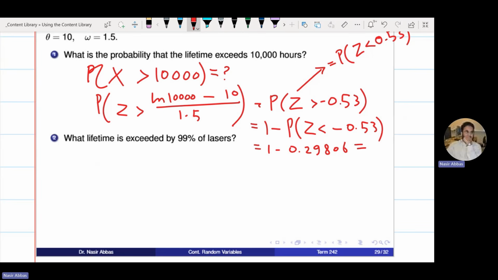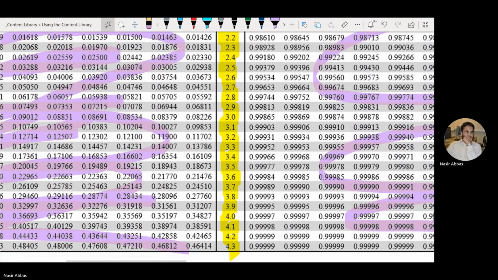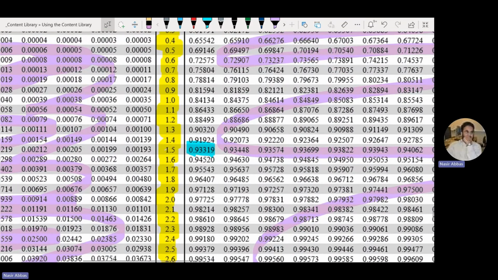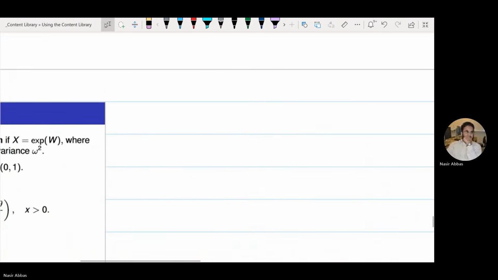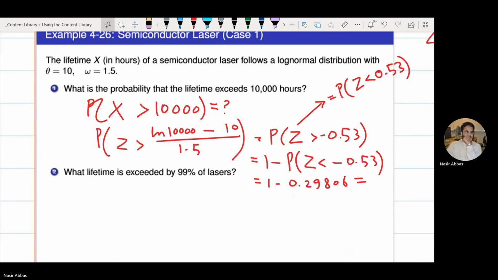Or you can get it directly, Z less than plus 0.53, which is 0.70194, which will give you the same answer as the one I got here. So either use the symmetry or use the complementary. Both ways, you get the same answer.